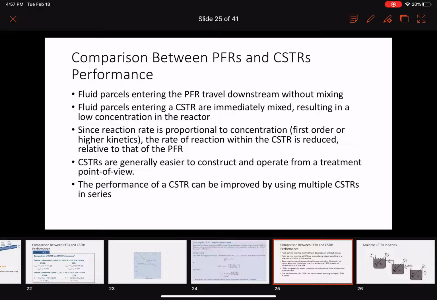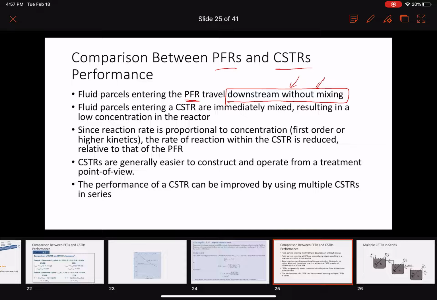Now there are a lot of comparisons. If you want to compare the plug flow reactor and the CSTR, there is a lot of research on the performance of both reactors. Of course, the fluid entering the plug flow reactor travels downstream without mixing. This is the main difference between the plug flow reactor and the CSTR.